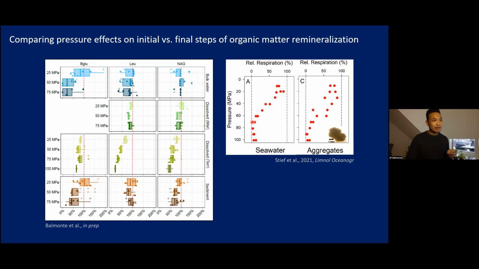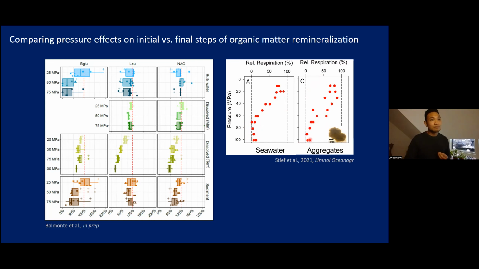Once you reach about 7,000 meters or 70 megapascals, down to 100 megapascals, you're essentially seeing near or complete inhibition of respiration. And this is a little bit deeper for microorganisms that are associated with aggregates.